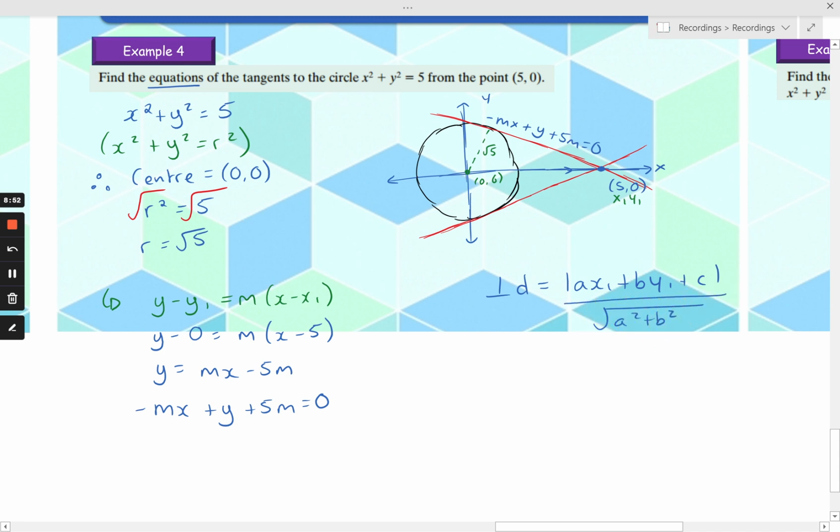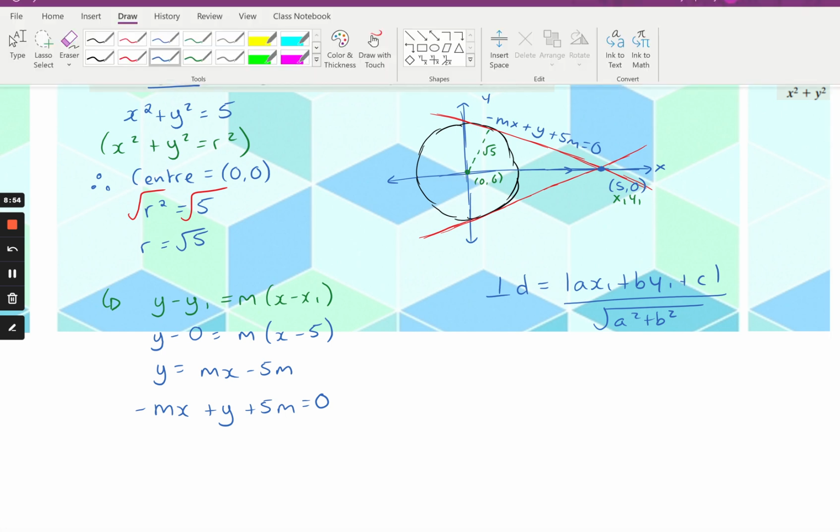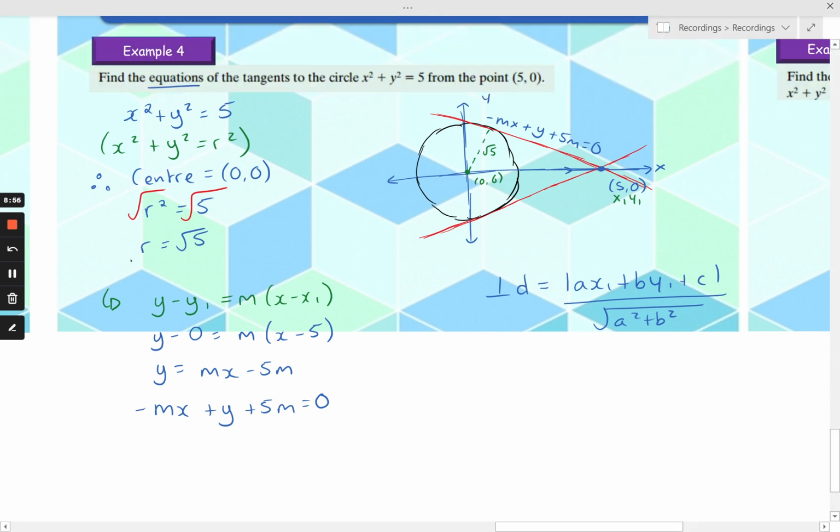So a lot of this is coming back to the perpendicular distance formula. My perpendicular distance is going to be equal to the square root of 5. My x1, y1 is going to be the centre point 0, 0. A is going to be minus m, b is going to be 1, and c is going to be 5m. So let's sub that in now and see what it looks like.